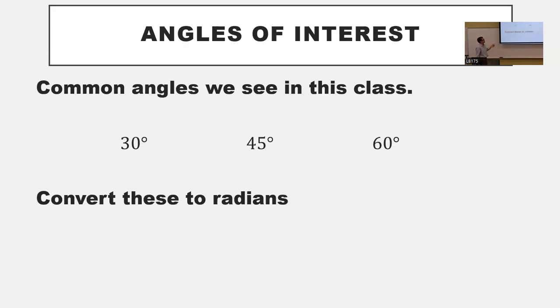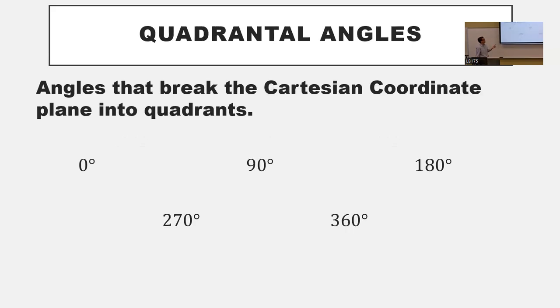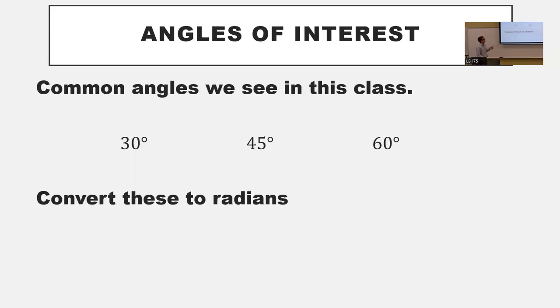There's these 3, and then the quadrants, the angles that break up the Cartesian coordinate plane into quadrants. So let's deal with the 30 degree, 45 degree, and 60 degree angles, and then we'll talk about the quadrant angles as well.